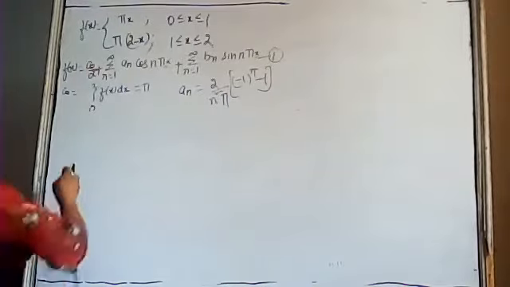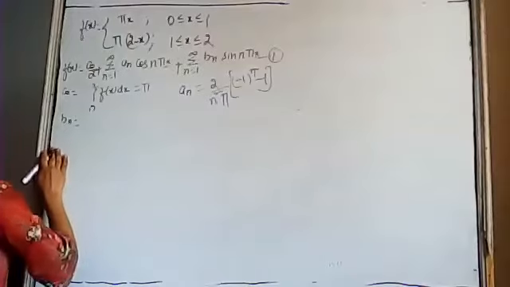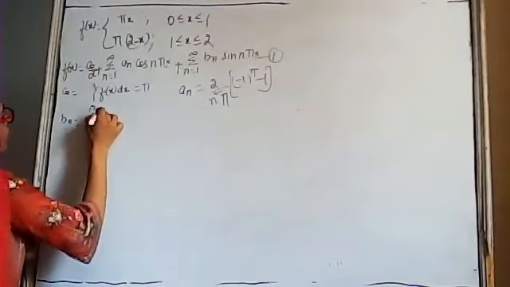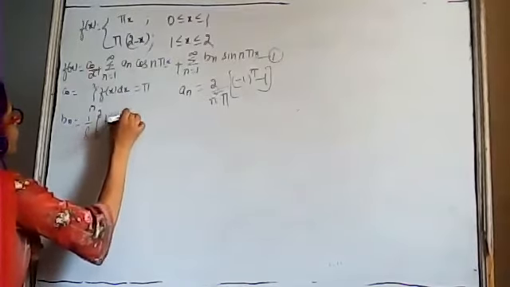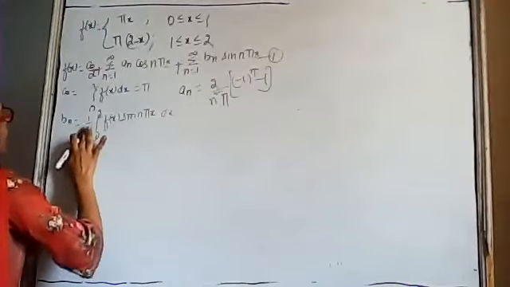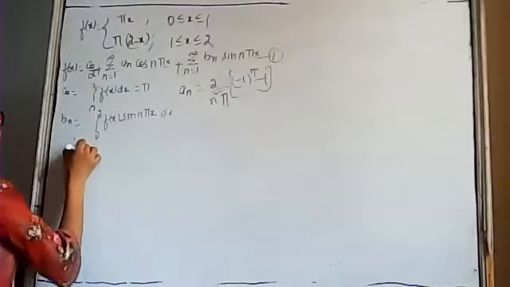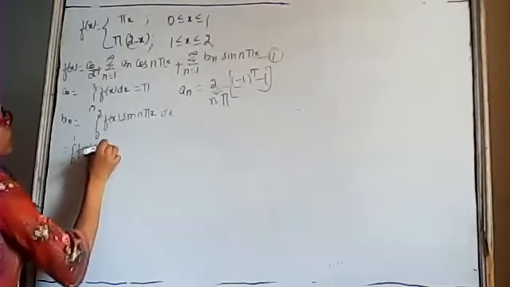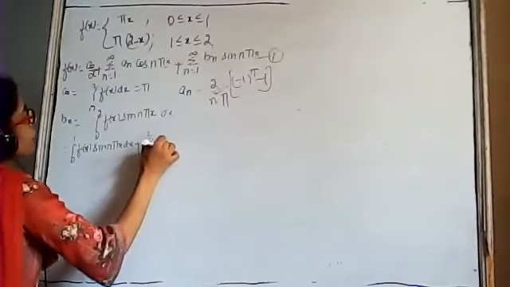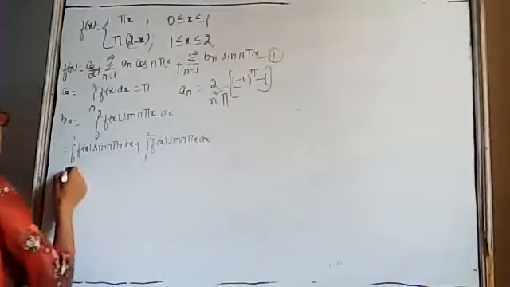See, after that the value of bn is given by, this is equal to, the value of L was 1. This is equal to integral 0 to 1 fx sine of n pi x dx plus integral 1 to 2 fx sine of n pi x dx.